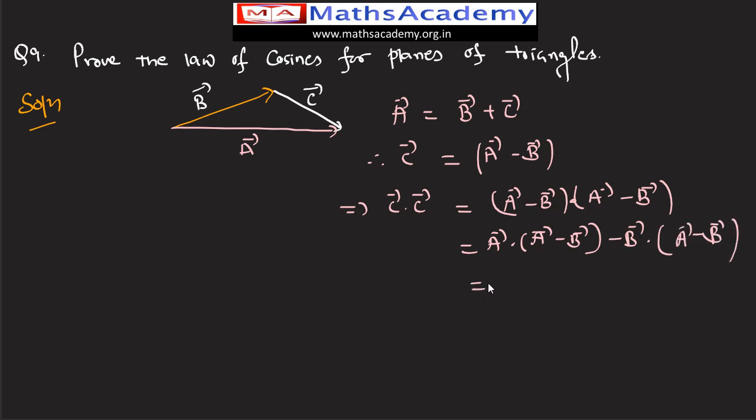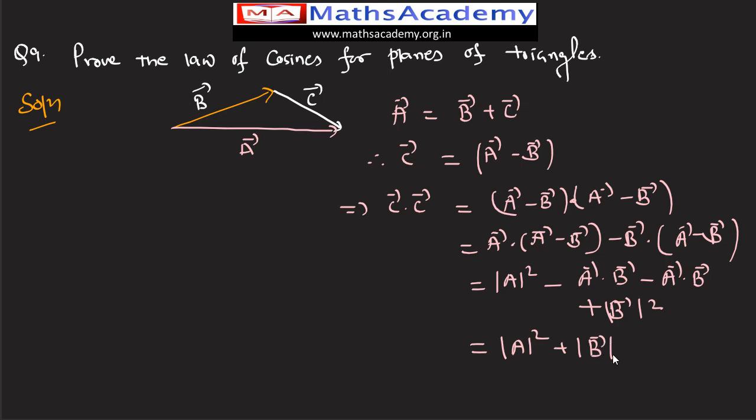So here A vector dot A vector, which is mod of A square, minus A vector dot B vector, minus B vector dot A vector, which is the same as A vector dot B vector because the dot product is commutative. Now plus mod of B whole square. This we can write as mod of A square plus mod of B square minus 2 A vector dot B vector. On the left hand side we have mod of C whole square.